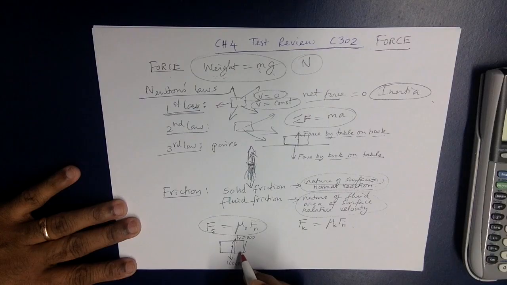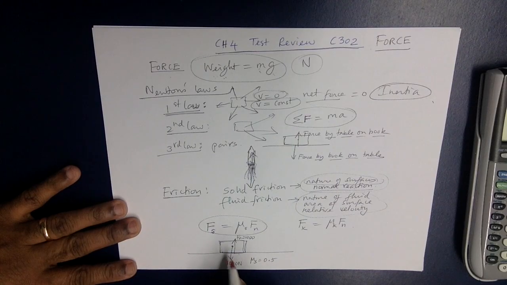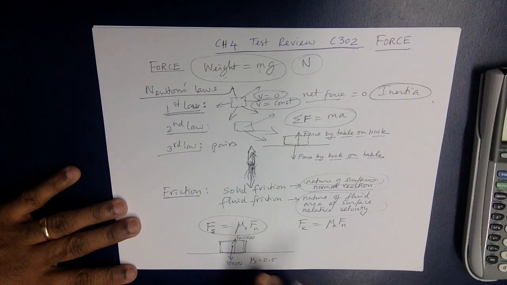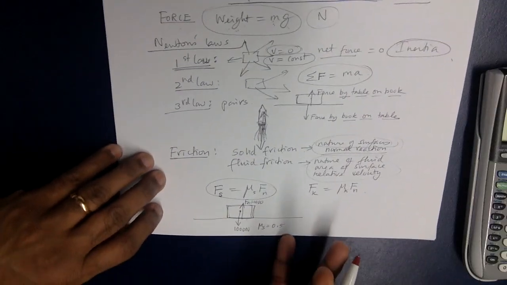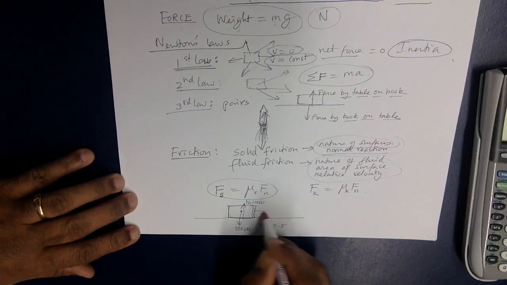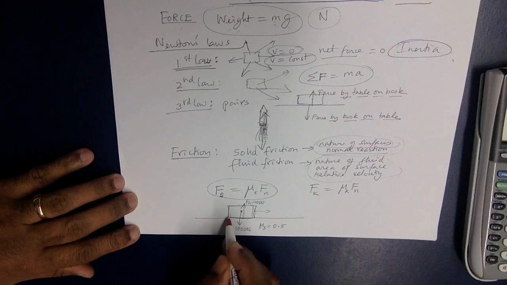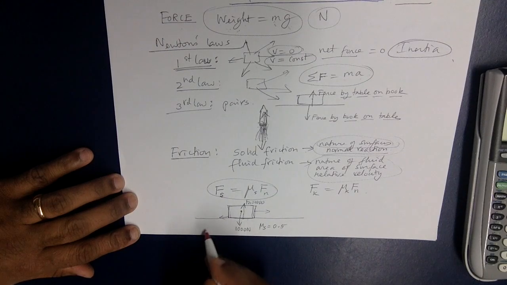Now, if the surfaces have a coefficient of static friction of, let's say, 0.5, then this one is sitting here without any frictional force. But if you apply a force in that direction trying to drag it, then frictional force will start coming into play.